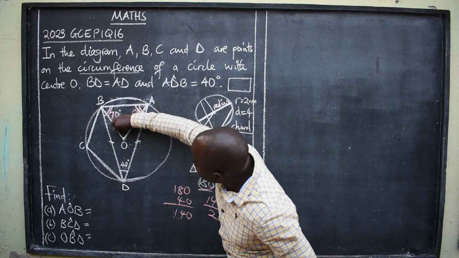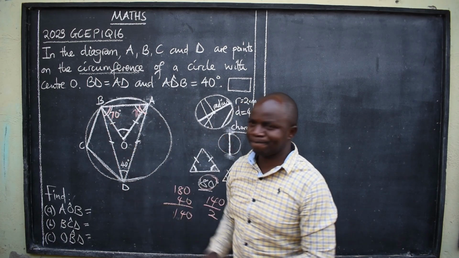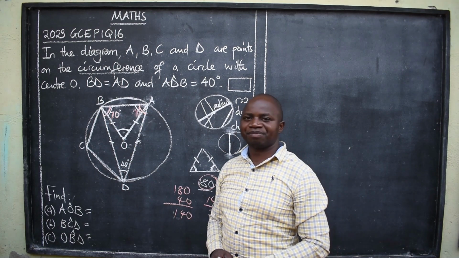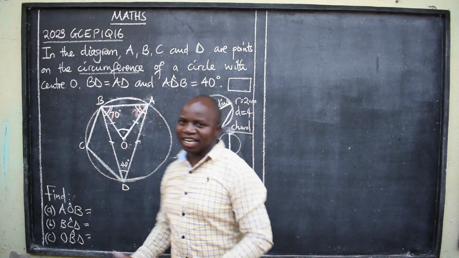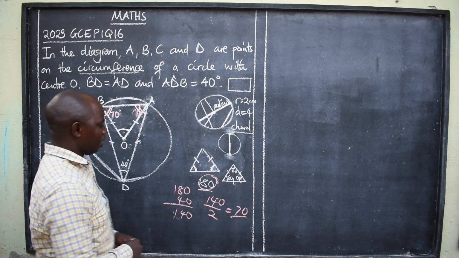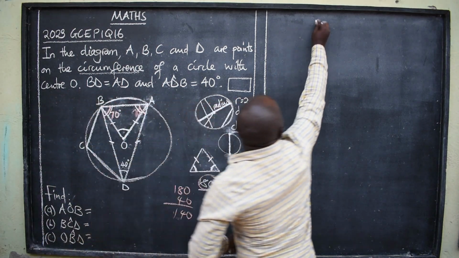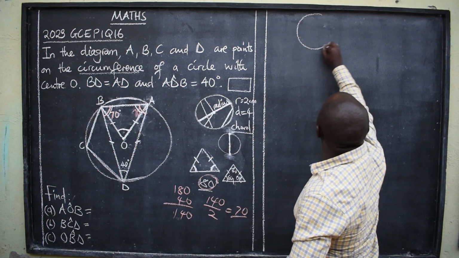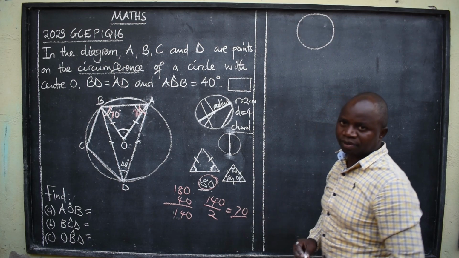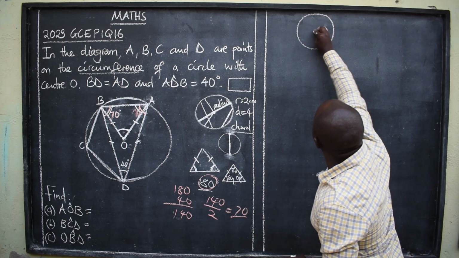Now the question is, how do you get this angle here? Well, it is now taking us to another property. This property is when I have a circle like this, and I've got a center here.